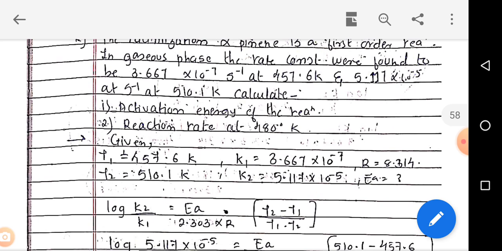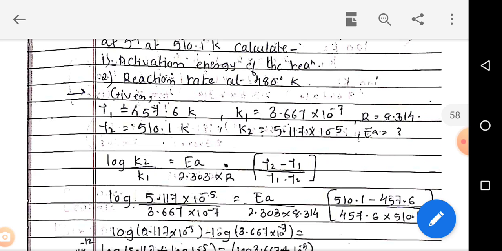Calculate the activation energy. Here, no ratio is given; the values of K1 and K2 are given directly along with the values of T1 and T2. T1 is 457.6, K1 is 3.667, T2 is 510.1, K2 is 5.11.